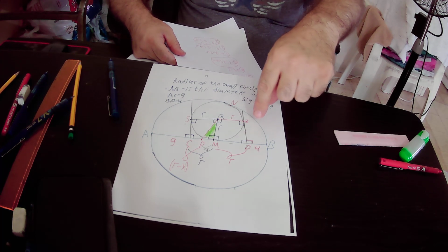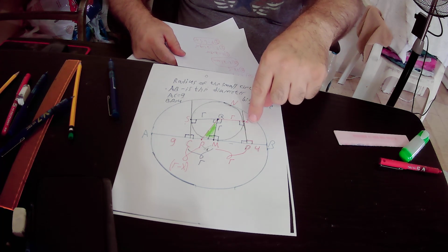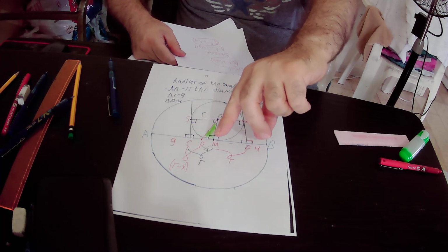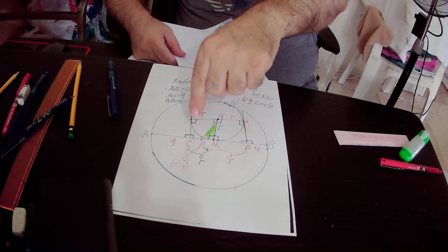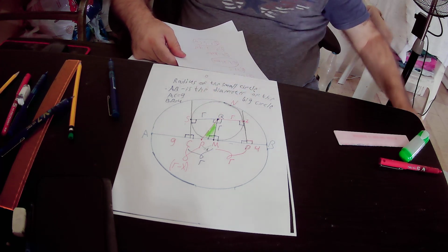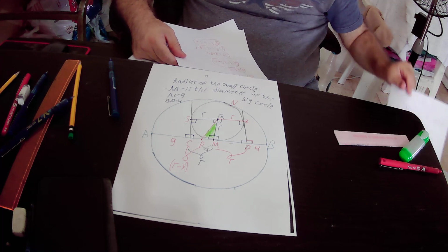This tangent is tangent to the small circle at point Z. This tangent is tangent to the circle at point M, and this tangent is tangent to the circle at point S.